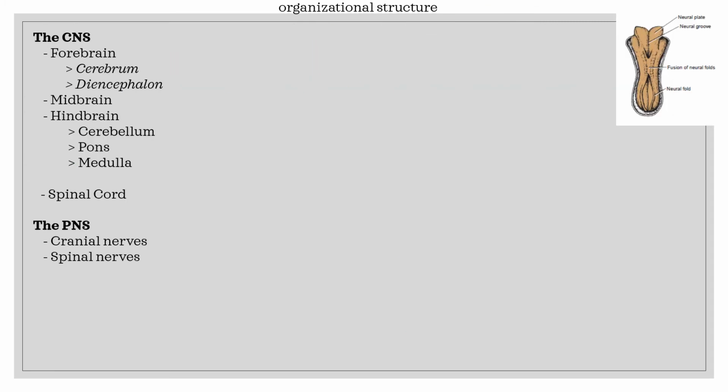Okay, here's another organizational structure of your CNS versus your PNS. Mainly we're going to deal with your central nervous system, especially when you classify it according to development. You have your forebrain, your midbrain, and your hindbrain.